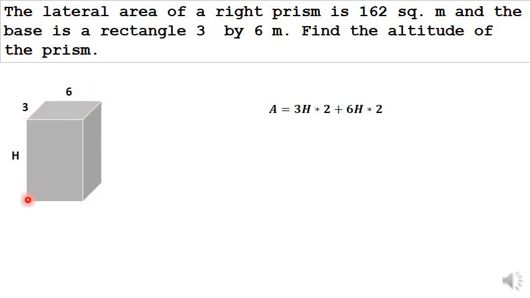So the total area is 6 times h times 2. The total lateral area is equal to 162. In this case, the only variable is h. Then we may compute h using algebraic manipulation or using the shift-solve function of the calculator.